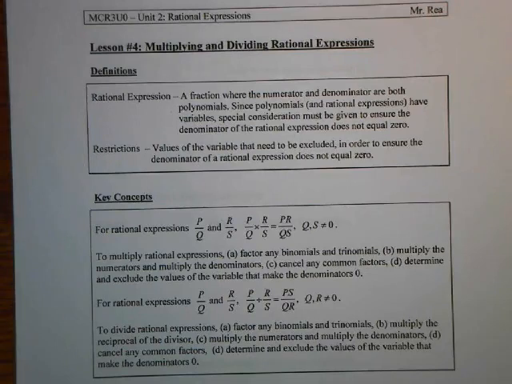And it could be an expanded polynomial with no brackets, or it could be in factored form, or somewhere in between. So you have to be able to expect just about anything. But we'll go through the process of how we're going to multiply and divide today.